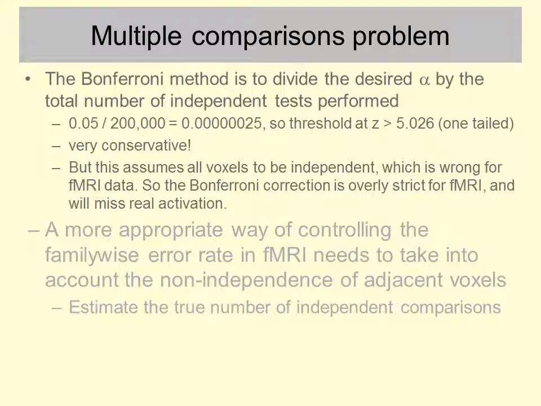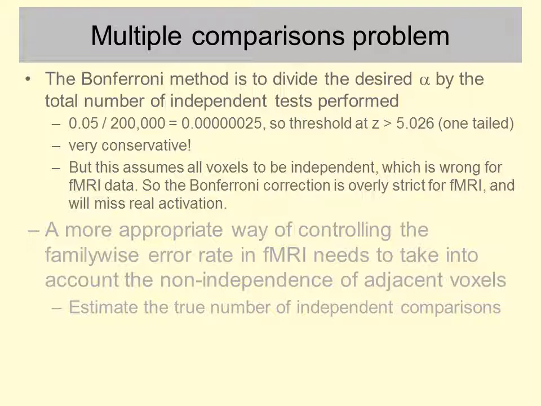Now, z-scores greater than 5 are very unusual, so this is going to be a very conservative test. You will have a very high type 2 error rate if you apply that kind of Bonferroni correction. In many data sets you would miss all the activation in the data.